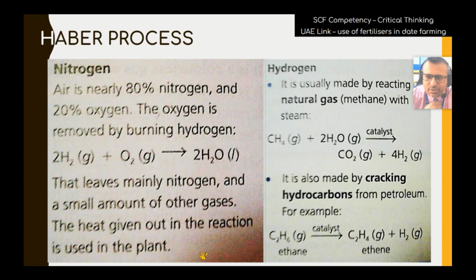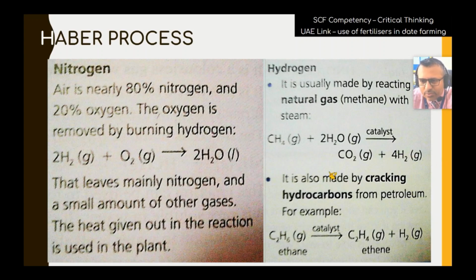The hydrogen is obtained usually by reacting natural gas, so there's a real reliance on a fossil fuel industry and petroleum for the methane, with steam. So that's CH4 reacting with 2H2O, giving you CO2 and 4H2. You do need the presence of a catalyst to help that.